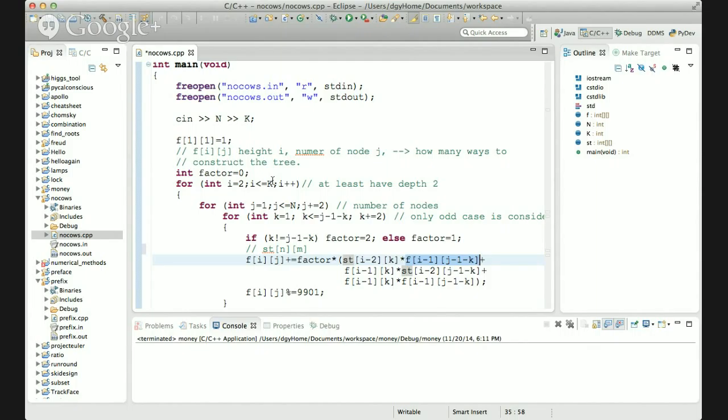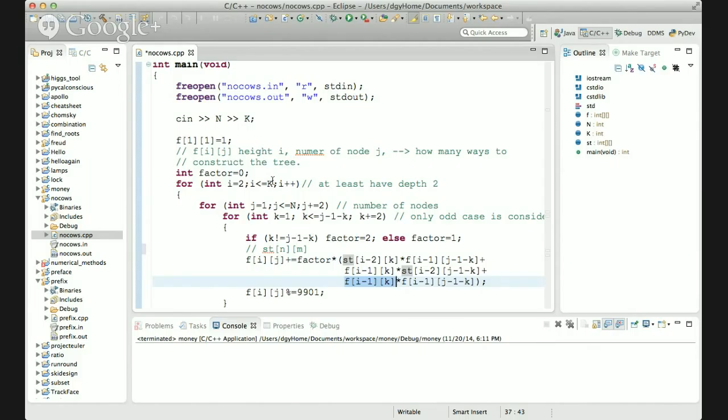Same goes if my left has the height of I minus 1 and my right doesn't, so I need to sum up all those combinations, and finally we have an equal.